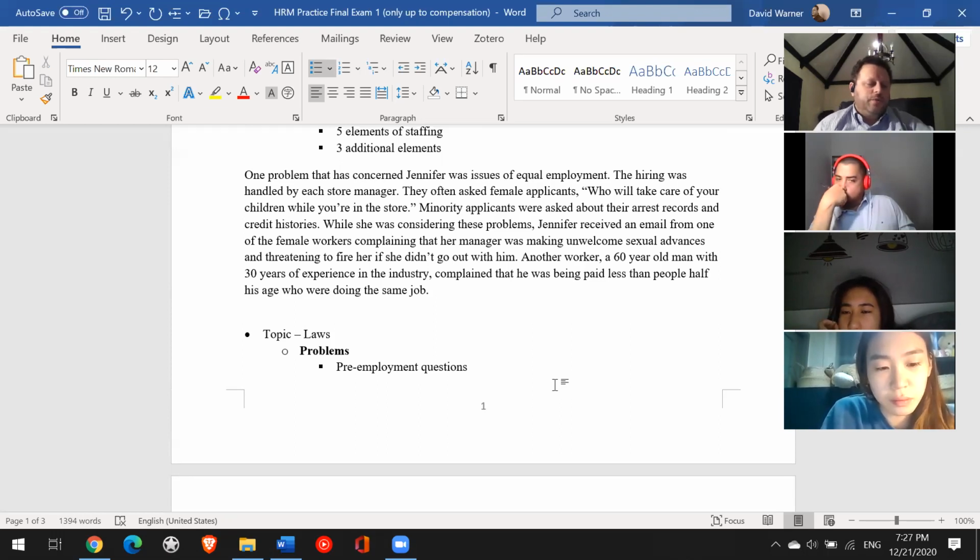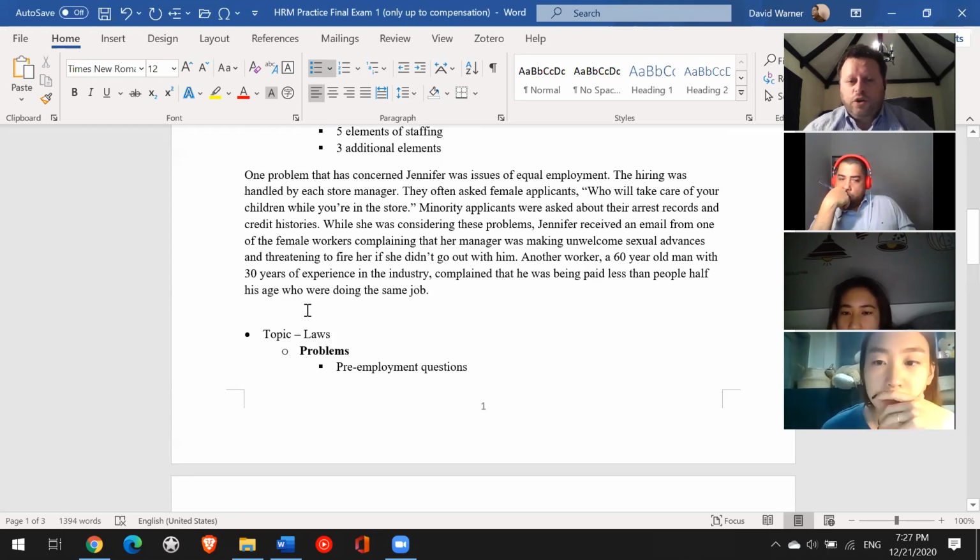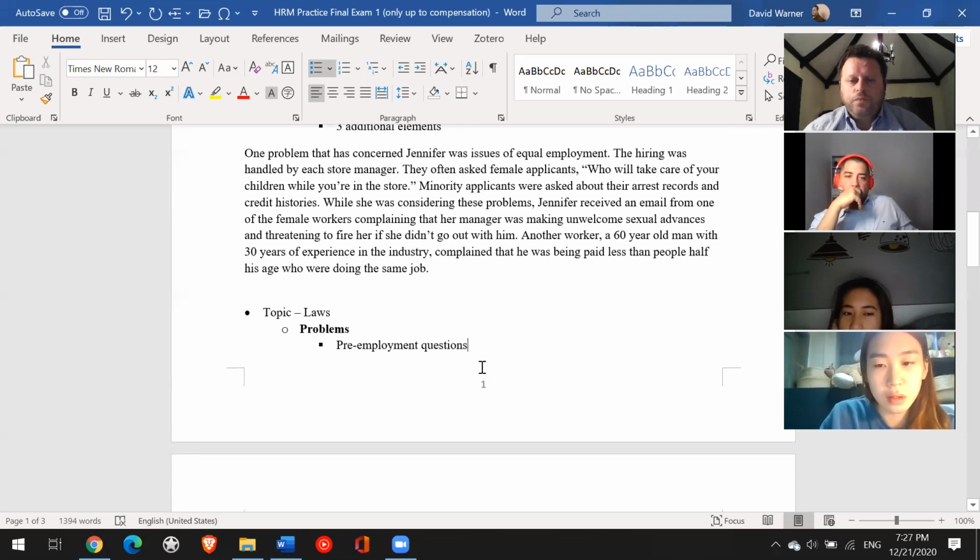And then the Age Discrimination Act of 1967. That's a totally fine way to organize it too. But you need to have some kind of way that you're going to organize this. I think problems are fine. So if you're going to organize it by problems, then pre-employment questions, and you would discuss that.